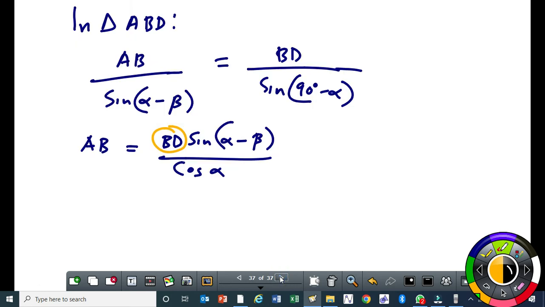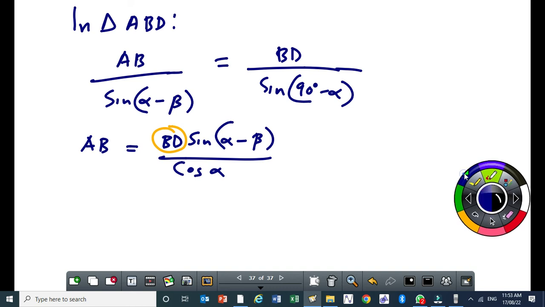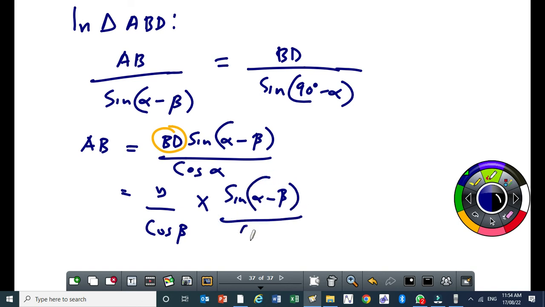So all I have to do is substitute y over cos beta. So this is going to become y over cosine of beta times sine alpha minus beta all over cos alpha.